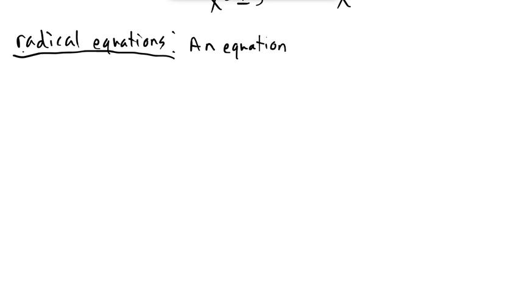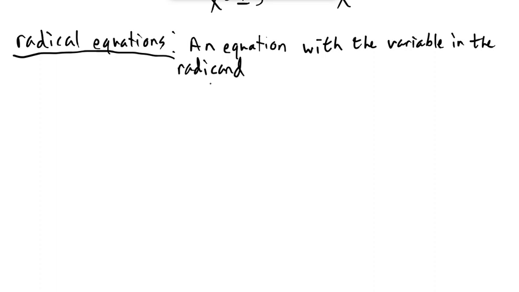That talks about the square roots. So this needs to be an equation with the variable under the square root, or the variable in the radicand. Remember when we were talking about this in chapter 9, the radicand is just another name for what's under that square root.